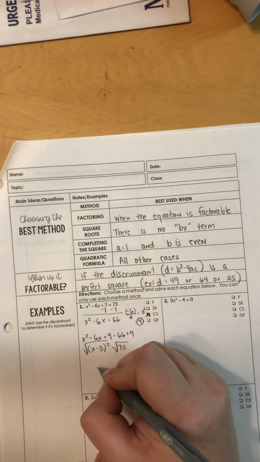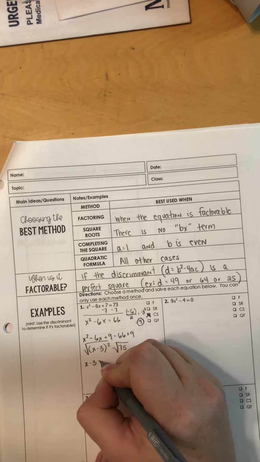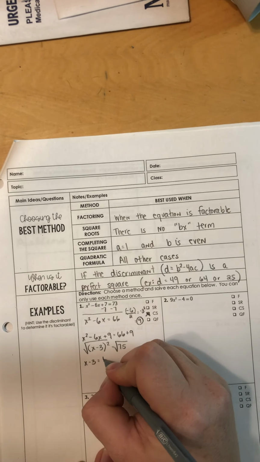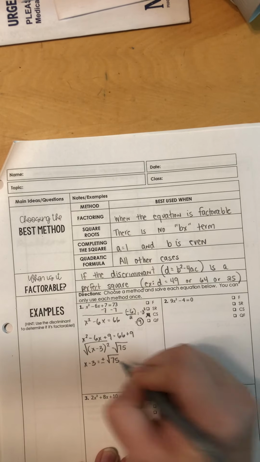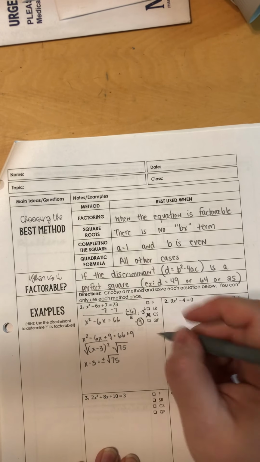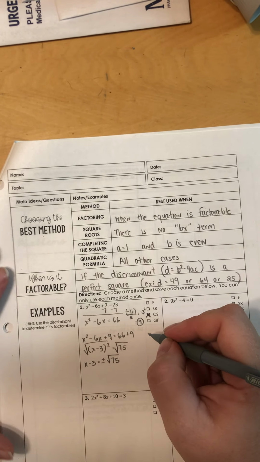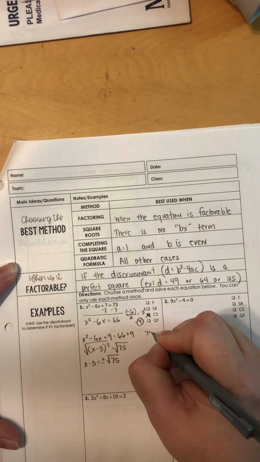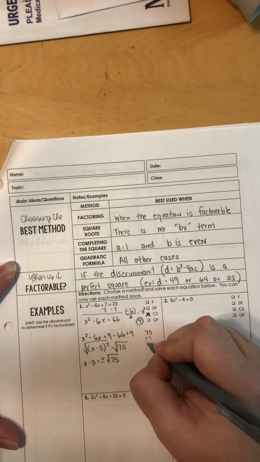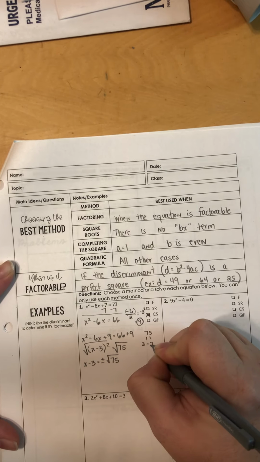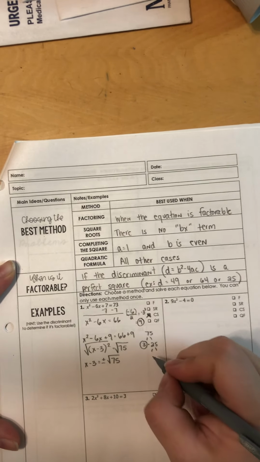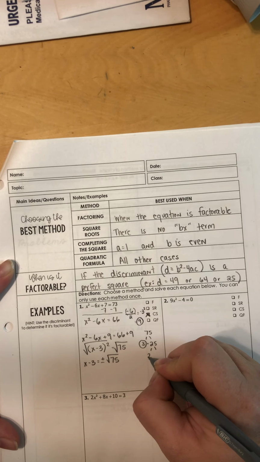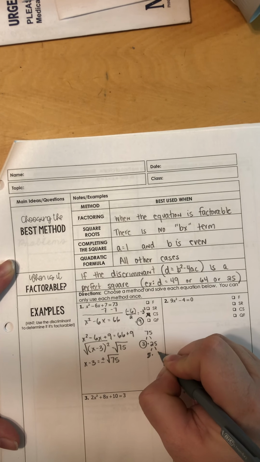What am I left with? x minus 3 equals plus or minus the square root of 75. I'm going to do this off to the side. What times what is 75? 3 times 25. 3 is prime, and 25 is my perfect square, 5 times 5.